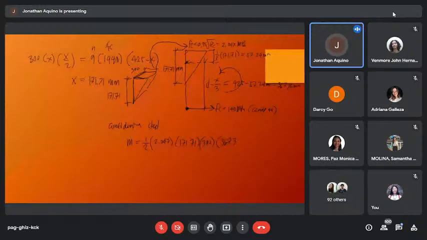So the moment capacity is simply 1/2 times 2.047 times 171.71 times 300 times 367.76.